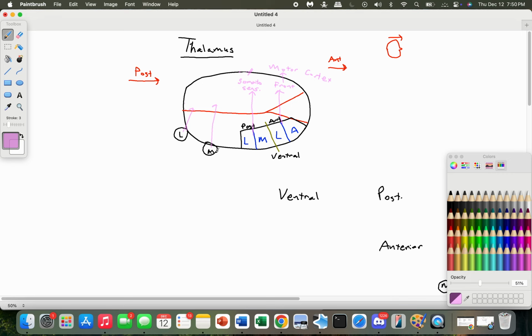Okay, so this was our medial geniculate nucleus. If you draw the line up here, actually more specifically around this region, you would get Broca's and Wernicke's region, which is helpful because the medial geniculate nucleus, its destination is the auditory cortex. So I'm just going to write that in here. The auditory cortex.